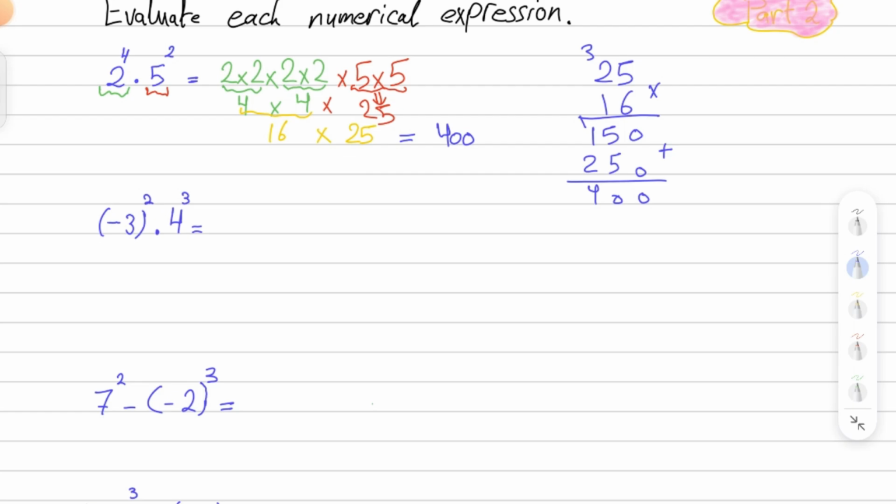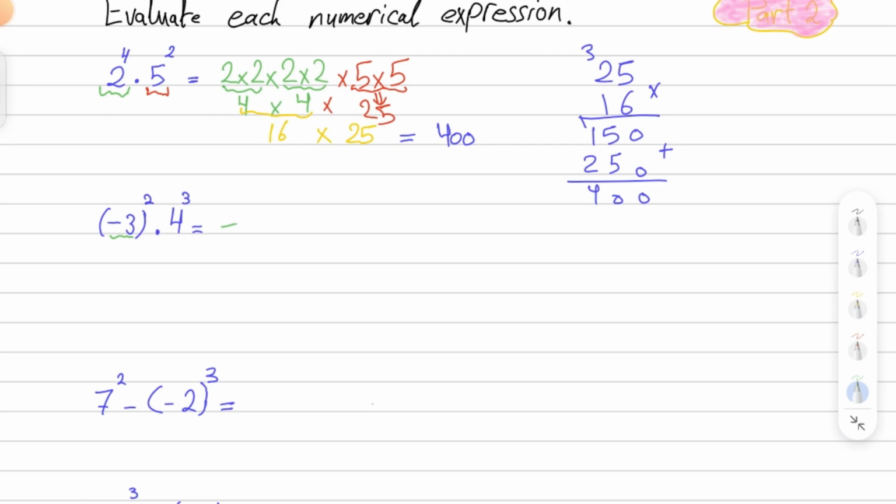Let's go to the second question. As I always told you, pause this video, try to do it by yourself, then check your answer. Okay, negative 3 squared. Note that we have a parenthesis, so the exponent applies to all of the negative 3, to the negative and to the 3.